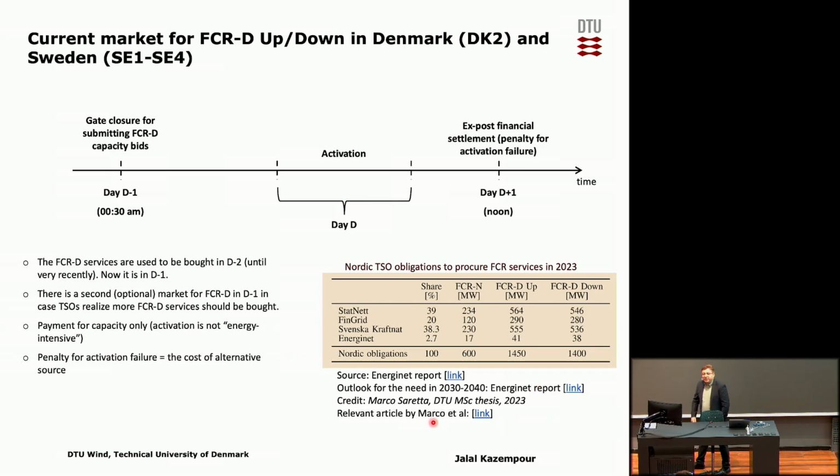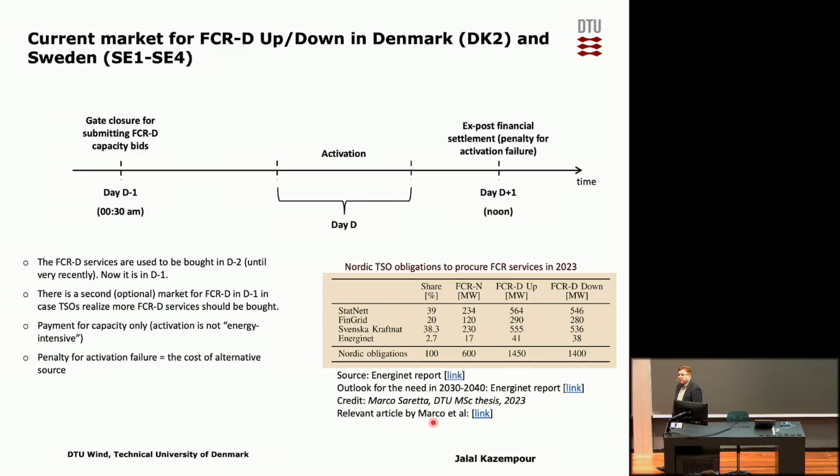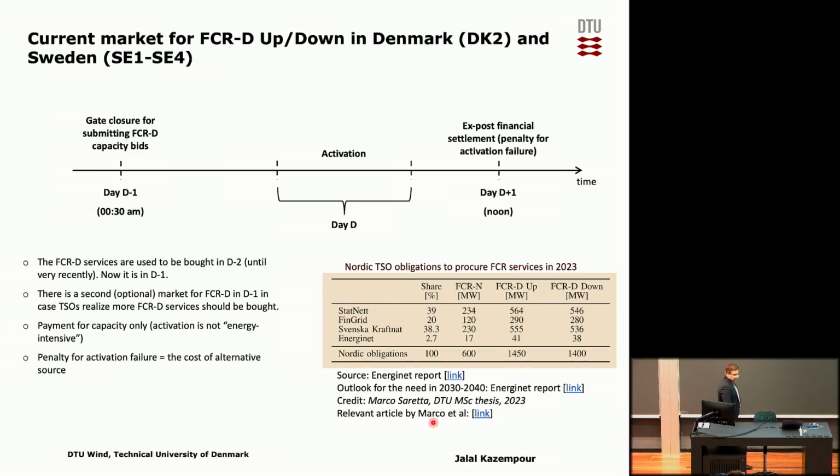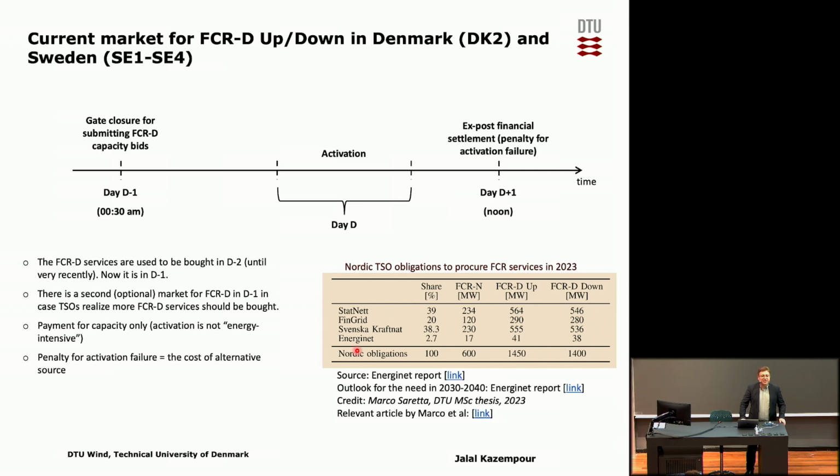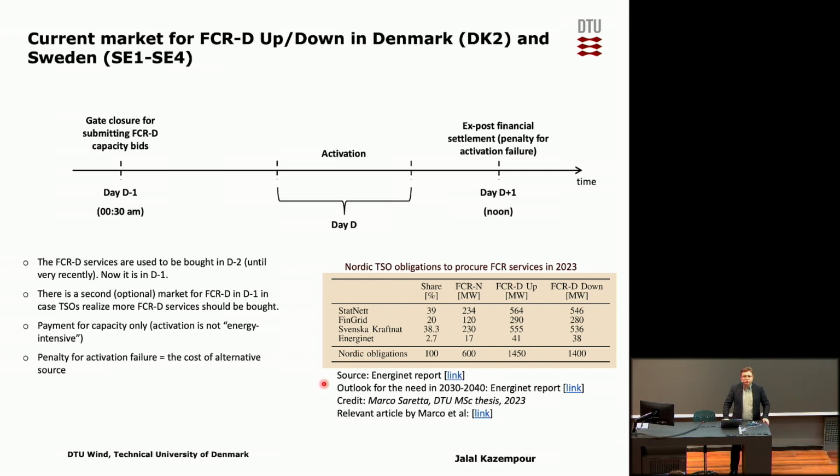You remember Marco, right? He gave an invited lecture a few weeks ago. Remember, Statnett is the Norwegian TSO, Fingrid the Finnish TSO, Svenska Kraftnät the Swedish TSO, and Energinet the Danish TSO.